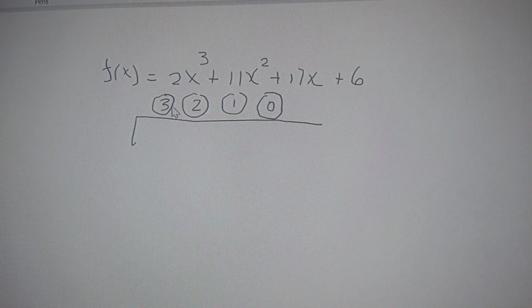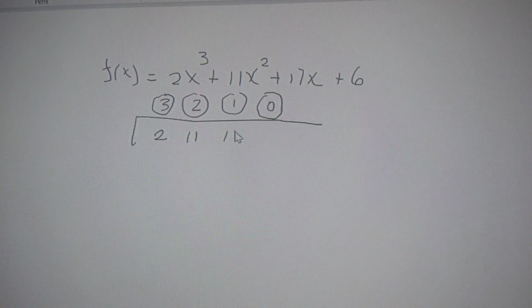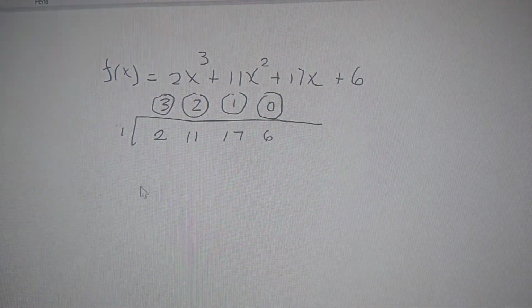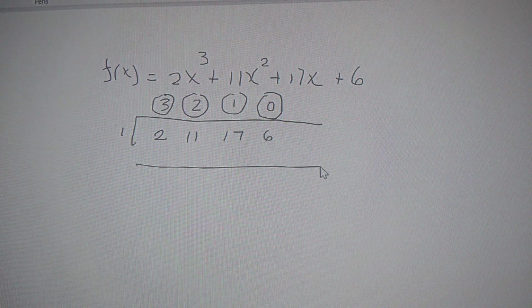These are the exponents, and these are the coefficients corresponding to each exponent. So that will be 2, 11, 17, and 6. So let's try 1 as our root. If at the end I get a 0 as a residual, it is a root.